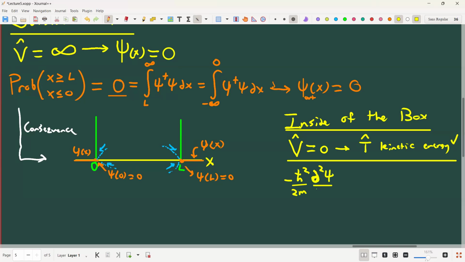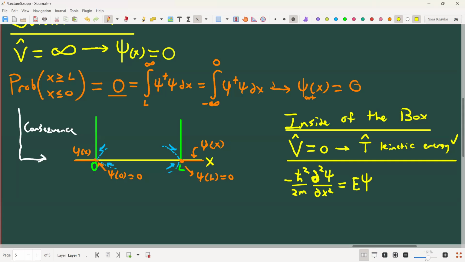Whatever the wave functions that satisfy this problem, the second derivative of it gives you a number, the energy, times the wave function back. Well, this is the same as the free particle. It's exactly the same equation we solved for the free particle.